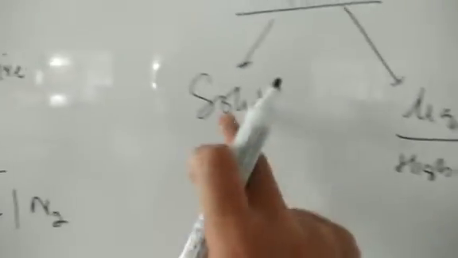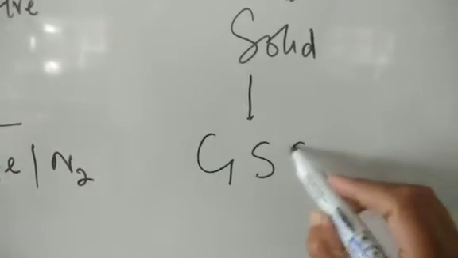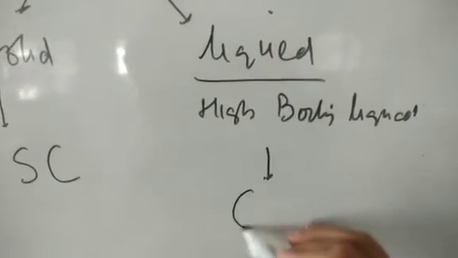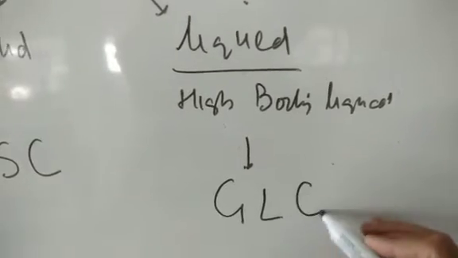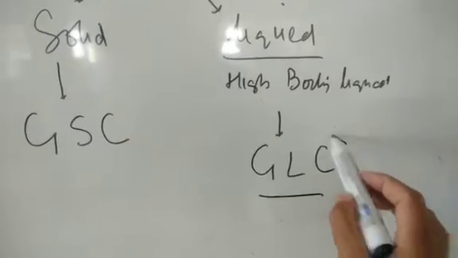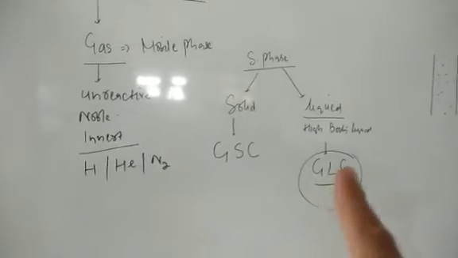So if you use solid, it is called as gas solid chromatography. If our stationary phase is liquid, it's called gas liquid chromatography. Or most commonly जो हम use करते हैं, that is this gas liquid chromatography. So in this lecture, I will go straight forward with the gas liquid chromatography.